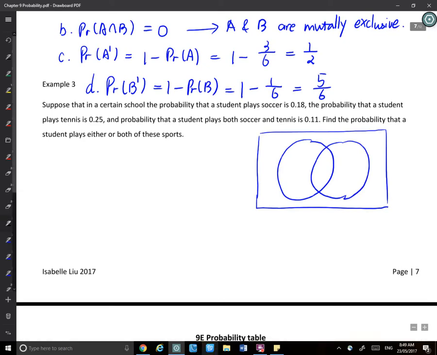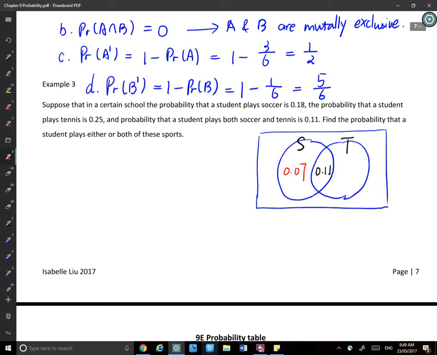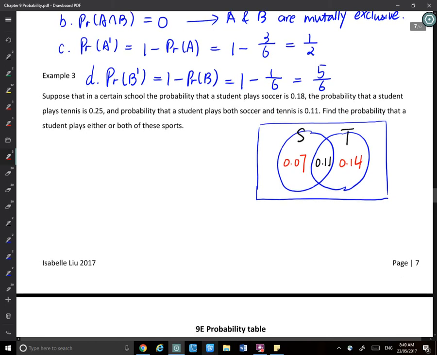So again, I'll start from the middle. The middle has 0.11. You have 0.11 in the middle, and the students who play soccer is 0.18, so you have 0.07 in this case. And students who play tennis is 0.25, so you have 0.14 in this case. 0.25 minus 0.11 gives you 0.14.